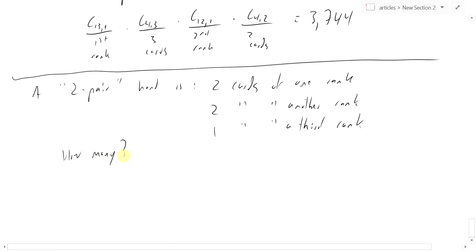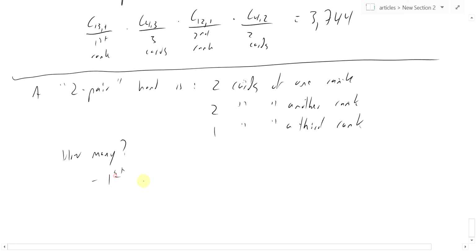Well, you can see how it's beginning to break down. I have to pick a rank and then 2 cards from that, then a rank and 2 cards, and a third rank and 1 card. Does it matter in which order I pick these 2 ranks? The answer is no, I just need to have 2 of them. So what's the process here?